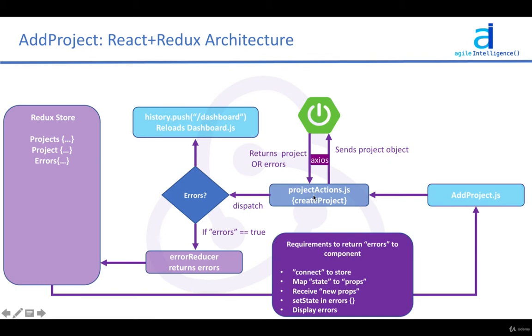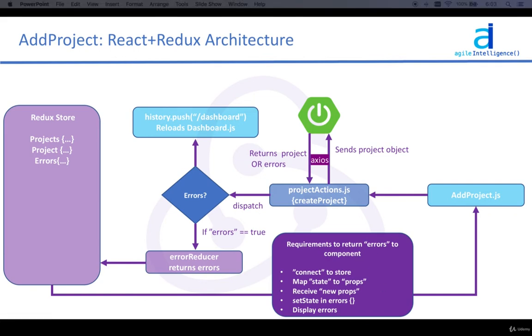When we send an invalid project object, we have to set it up so that we can get the new props, for example, the new object containing the errors. And then at that point, we're going to set the new state in the error subject within the project component, which we still have to set up, by the way, but that will be super simple. And then at that point, we're going to display the errors.